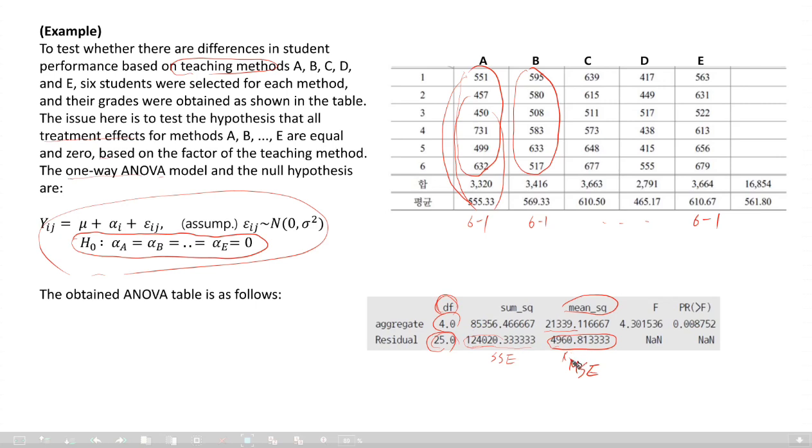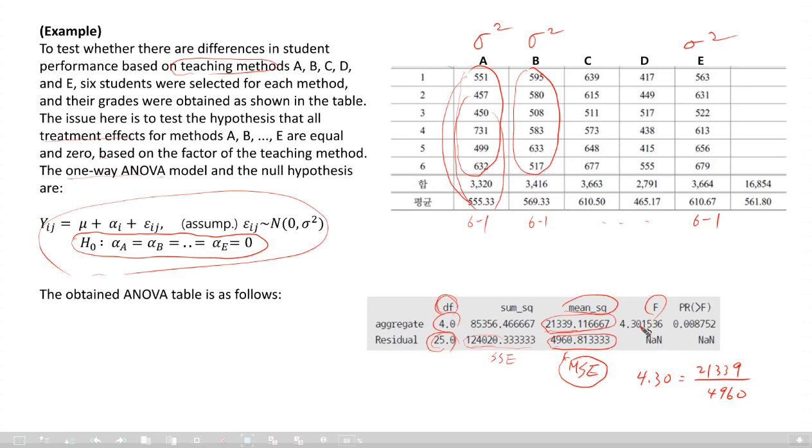MSE is the real estimate of variance. The 5 populations have equal variances. What is the estimate of sigma squared? That value 4960, MSE, is the estimate of it. This is from within group variance, right? And F, 4.30, what is that? 21,339 divided by 4960 is 4.30.